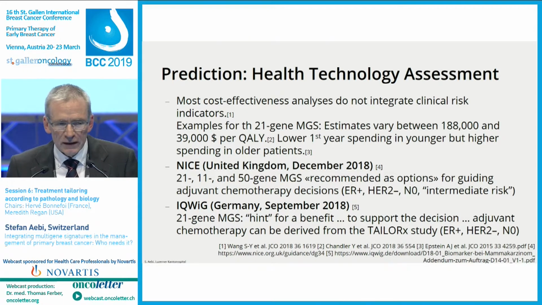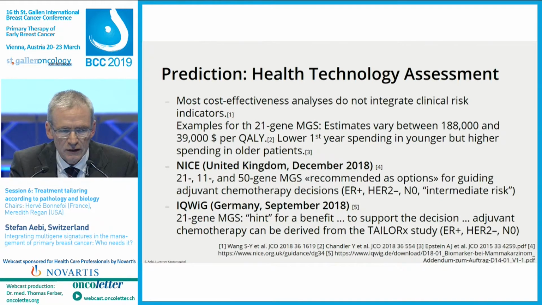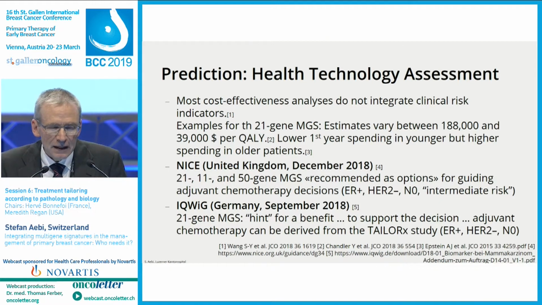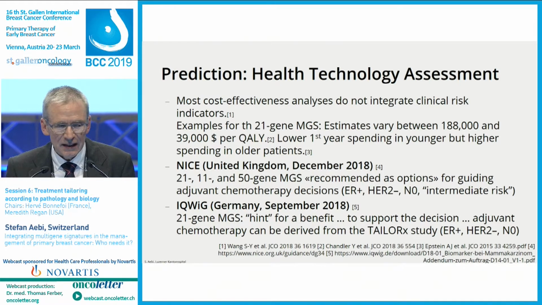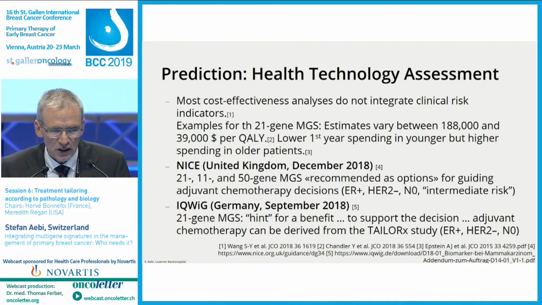Therefore, you have widely divergent estimates of costs per QALY, varying between almost $200,000 to about $40,000, $35,000. And you have the situation that using the 21-gene MGS may lower first-year spending in younger, but it may increase first-year spending in older patients, and the older patients are the majority. So net, it's very hard to know what happens economically.